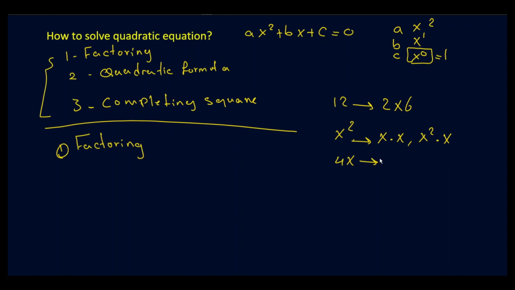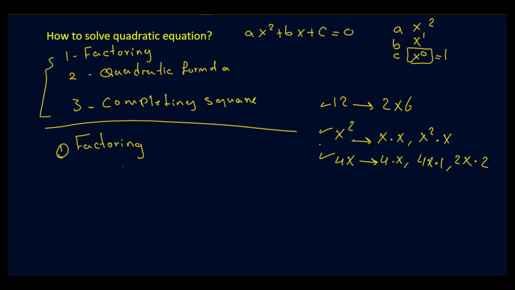How to find the factors for 4x? So you can say it is 4 times x, or 4x times 1, or 2x times 2. Okay? And that's how we're gonna find the factors for terms. Okay, so get used to this first. So let's go through the factoring method.